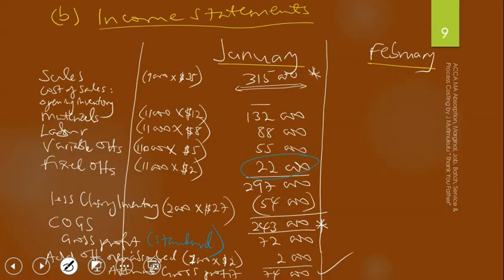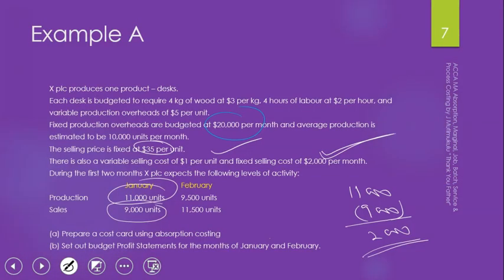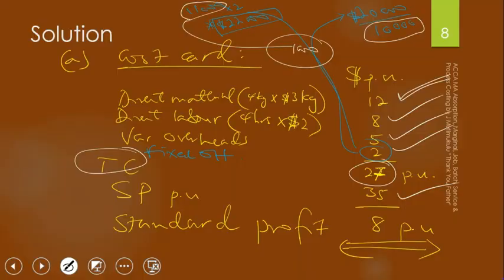Then we go to the second month. The second month is now a walkover because we have done much of the work on the first month. Okay, let us do the second month. Second month, we are told that they sold 11,500 units. All right, and the selling price is still $35. So that's 11,500 multiplied by 35.